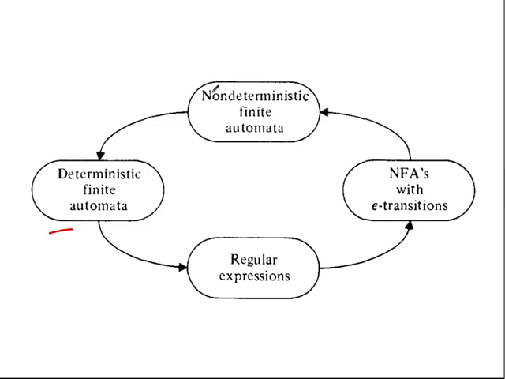By definition, it was a generalization. But then we showed that we can construct a deterministic finite automaton from this NFA without epsilon transition. And this was the power set construction. You remember? It was the power set construction.